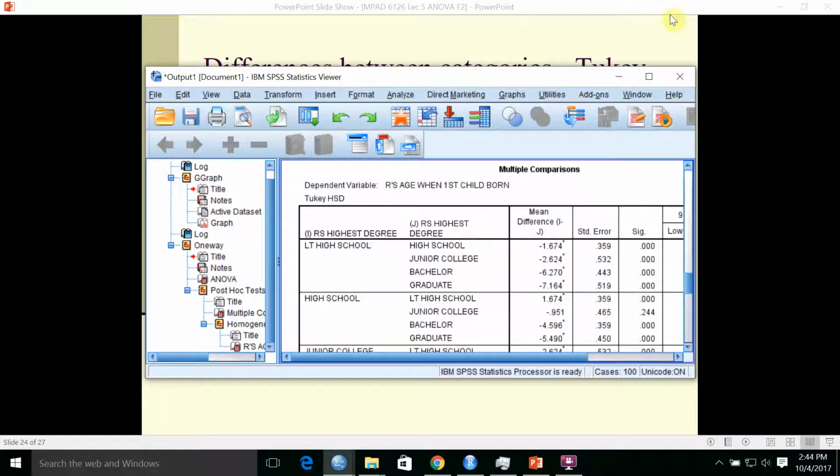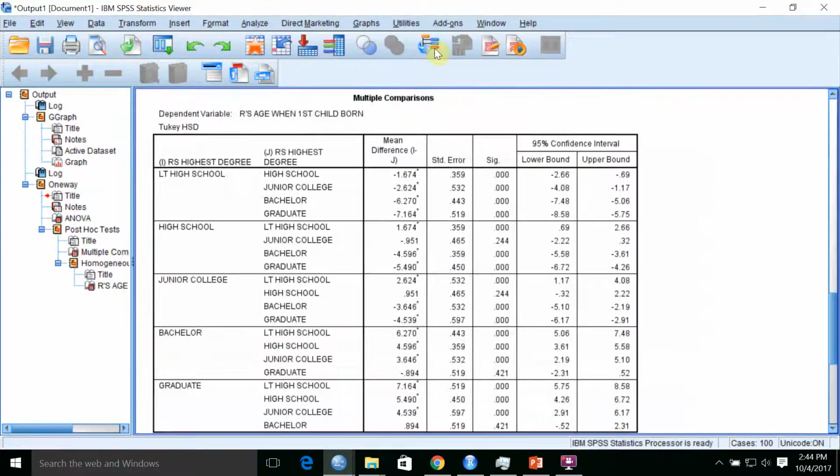So the question then becomes, where are there significant differences? And so you can see here the different categories, and it compares the less than high school relative to all the other categories.